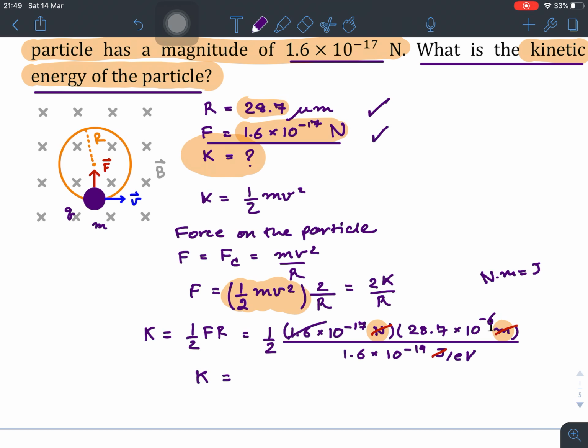So 1.6 can be cancelled. And finally, what I get is 28.7 times 10 to the minus 6, which will become minus 4 when I multiply the powers of 10 together. So I have 10 to the minus 4 electron volt. And that is the kinetic energy that we are looking for.